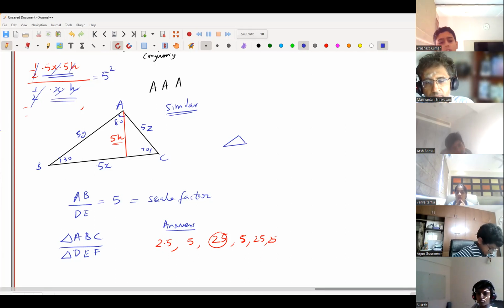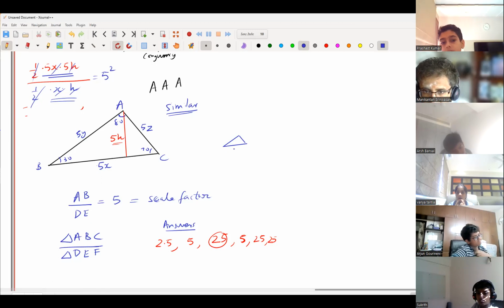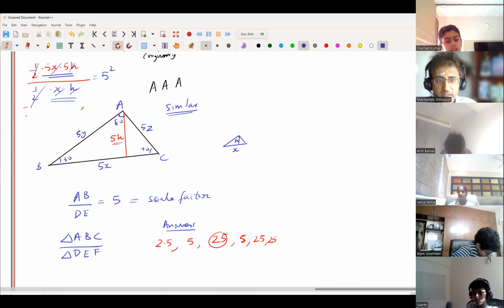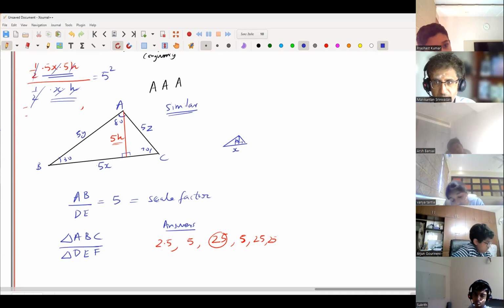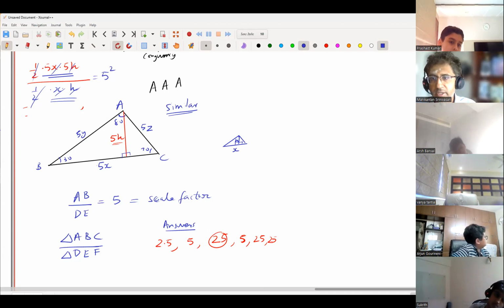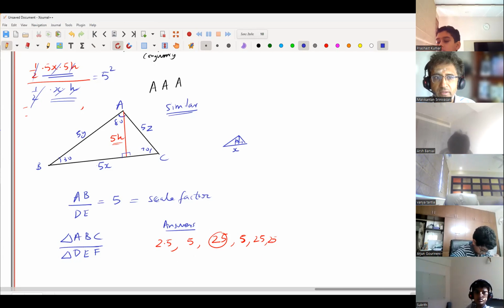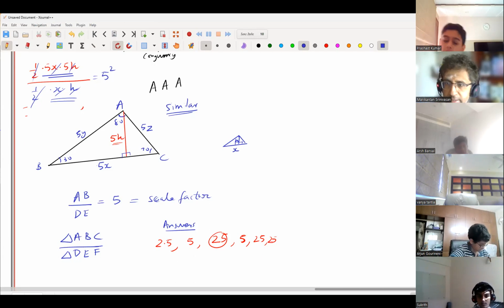The area of the big triangle is 5h into 5x into half. And the area of the small triangle is half into x into h. I'm just finding the ratio of the two. Half cancels, x cancels, h also cancels. What remains? 5 and 5 and 1 and 1. Okay, makes sense, got it.